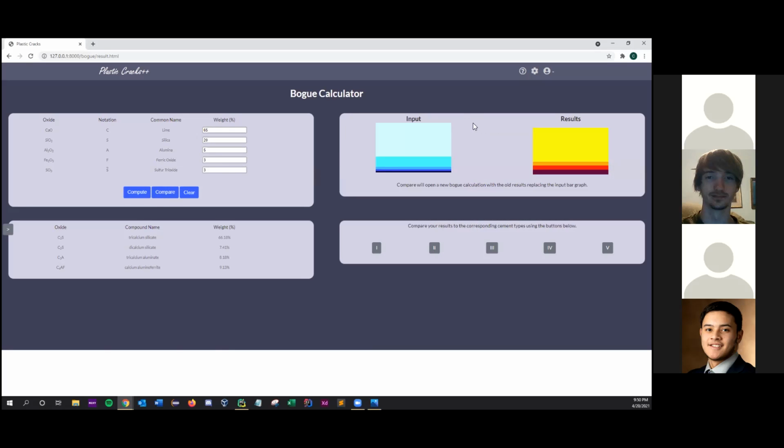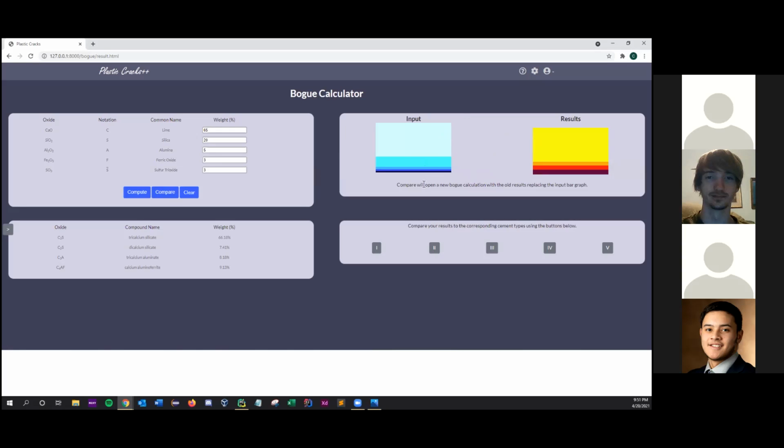Now on the right hand side, we have two different little bar graphs. The left hand one is a visual breakdown of the values that we just input. If we hover over it, we get a nice little tooltip that tells us how much each one is and what it is. And on the right side, we have the same thing with tooltips, but this shows the resultant compounds that are created out of these inputs.